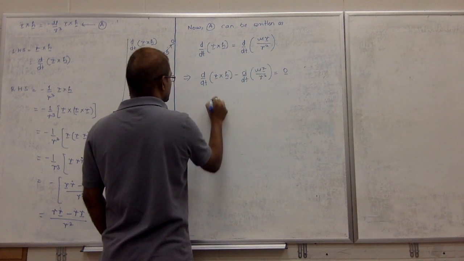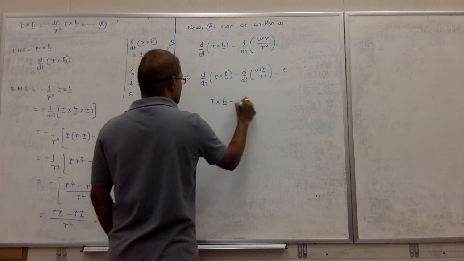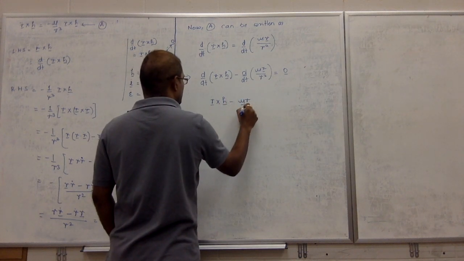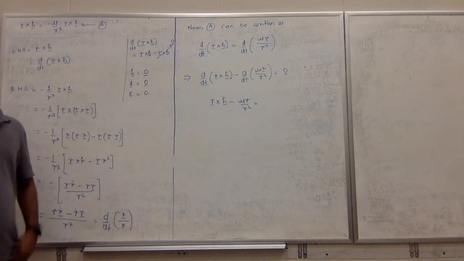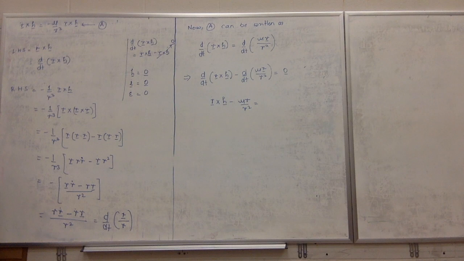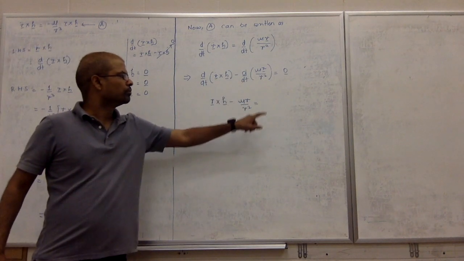Again, think and tell me what this is. Apply your rule. Then we can make that r squared. Should that just be r?